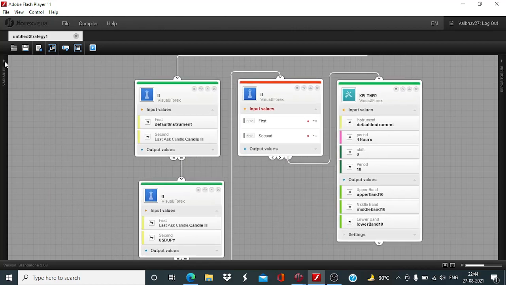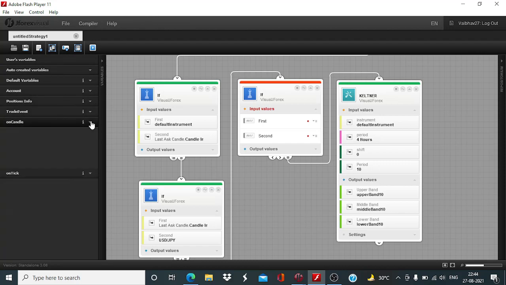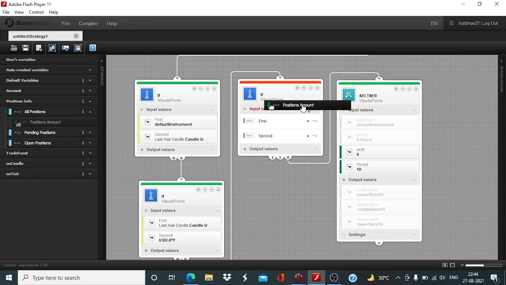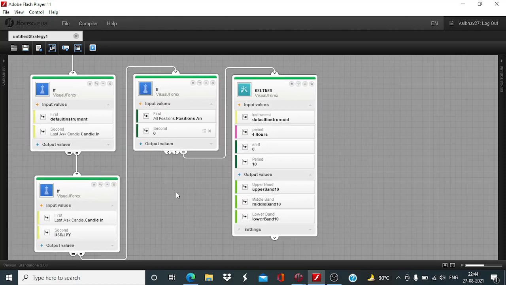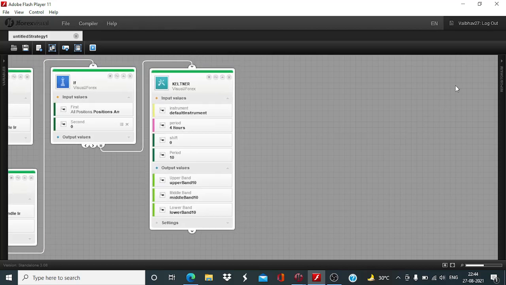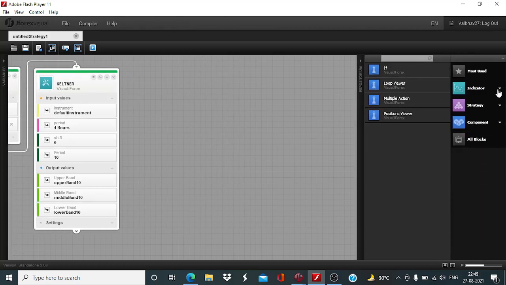Here the position amount needs to be added. All position equals to 0. So there should not be any open or pending order on the account, and after that we will add these indicator blocks.